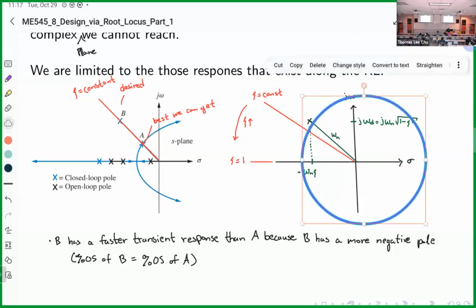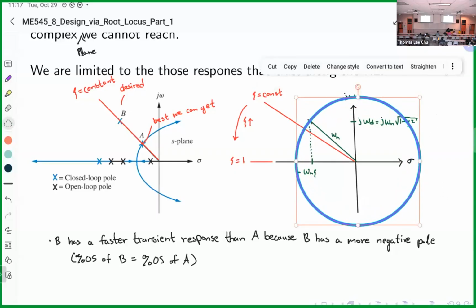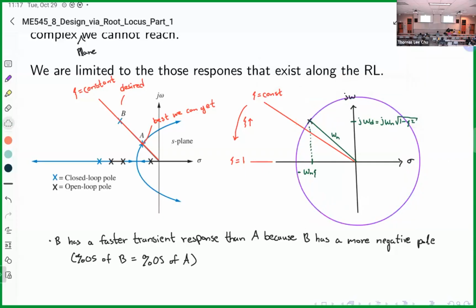This is where our natural frequency is constant, because the radius of the circle is our natural frequency. So as the circle gets bigger, our natural frequency increases. That's the relationship when you look at these poles.